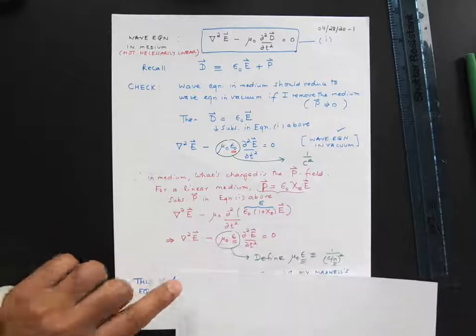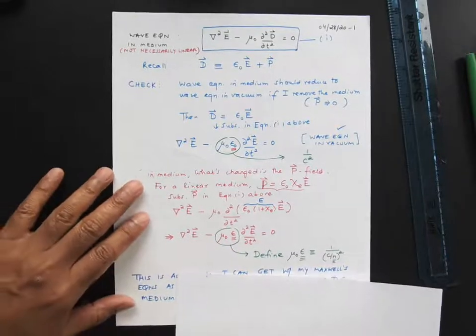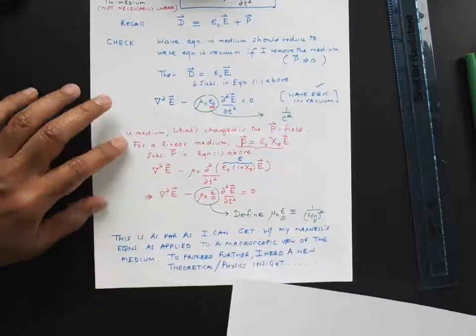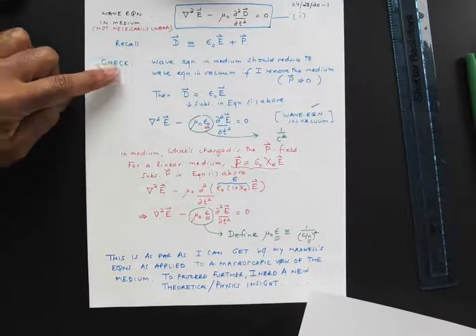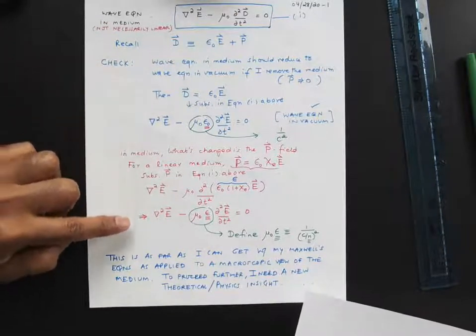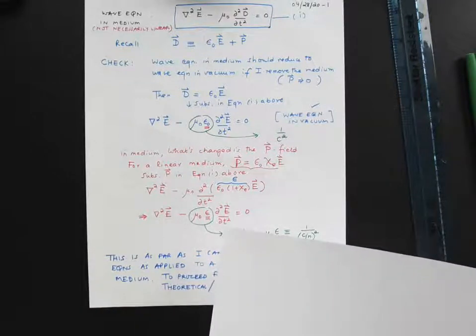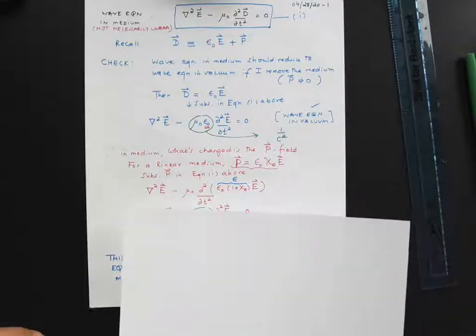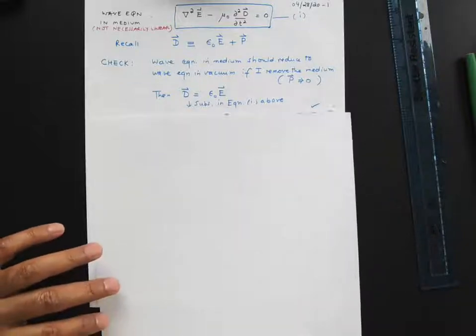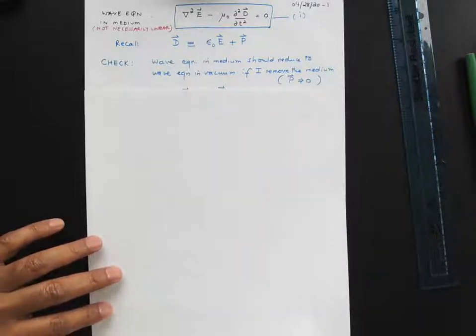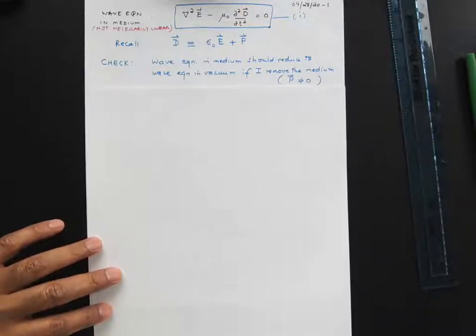So here's the vacuum part, and then there was the medium, and there's the refractive index.